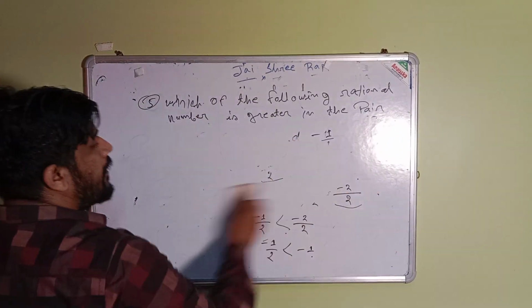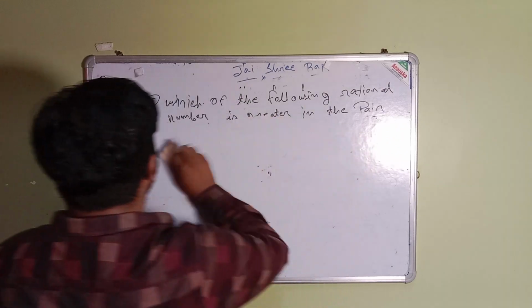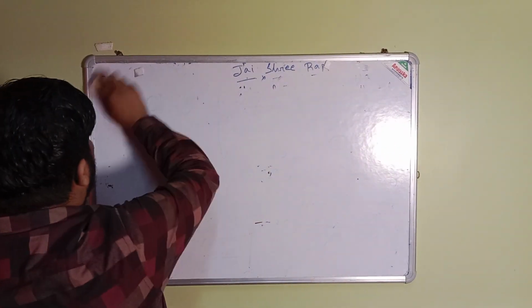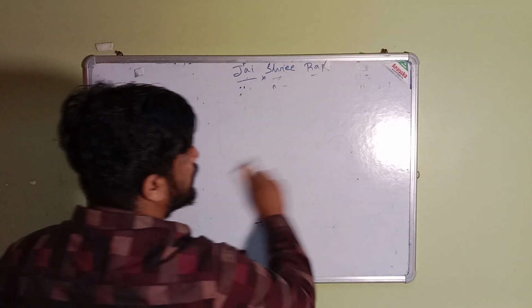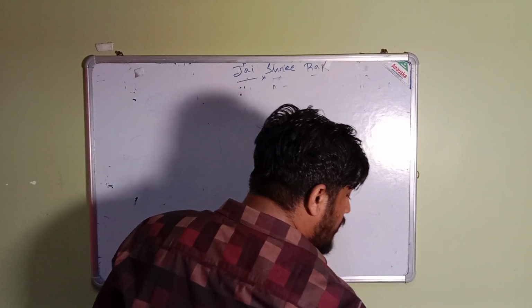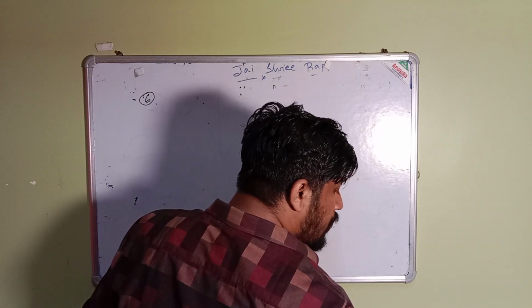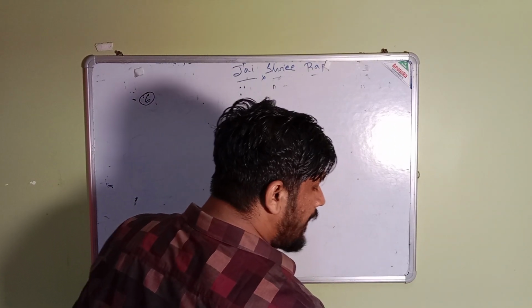Okay, I am going to the next question, so that every day I can complete at least 3 questions. The next question says: which of the two rational numbers is greater in the given pair?